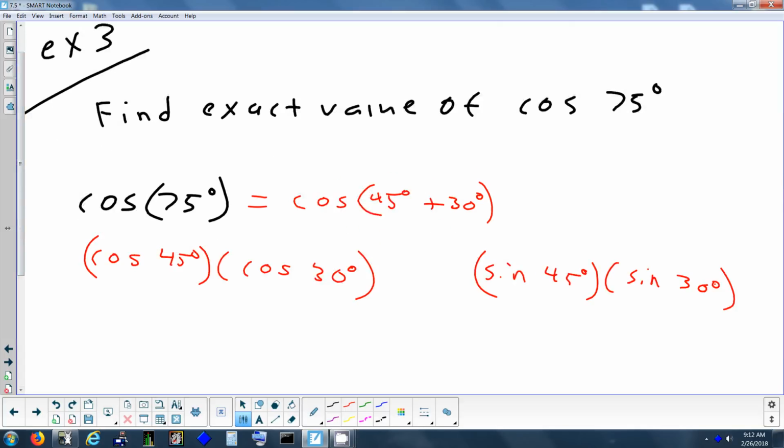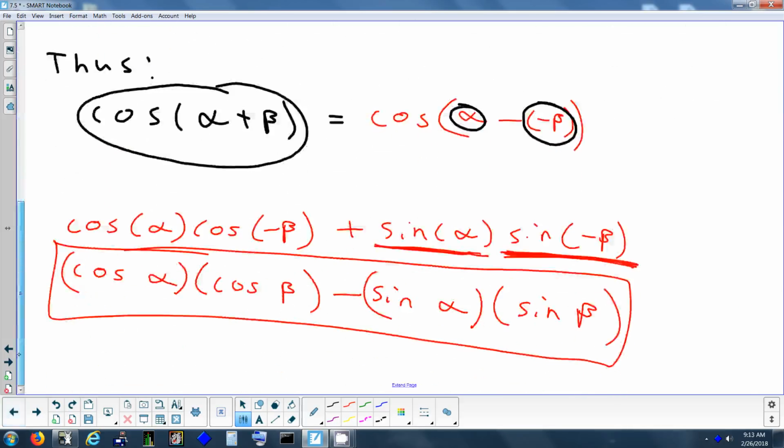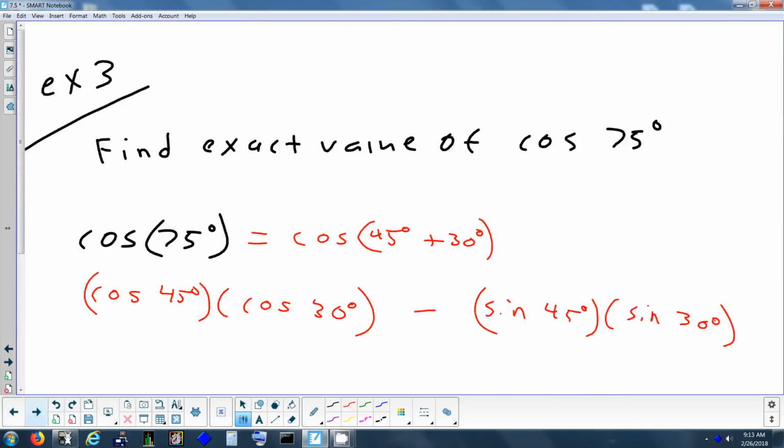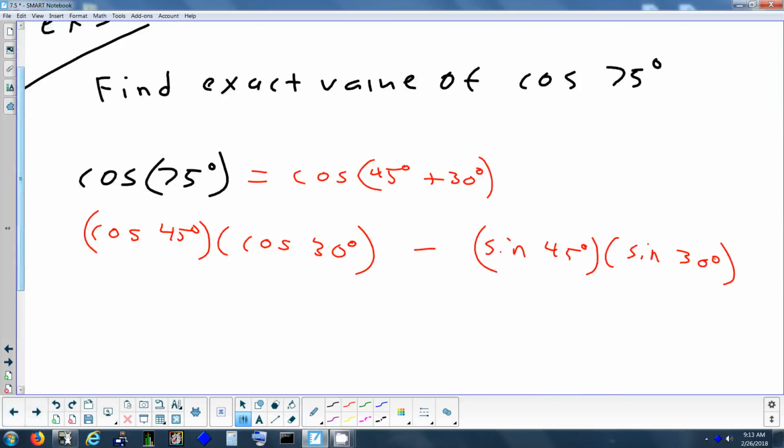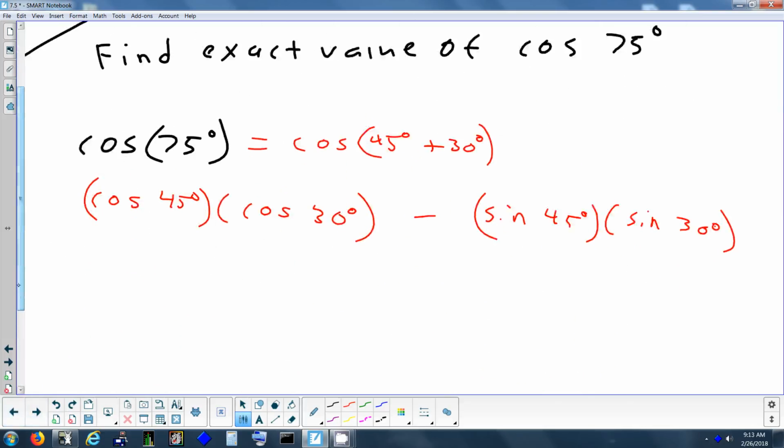Yeah, it's a minus. With the cosine identities, it's always the opposite. When you see a plus, the formula has a minus. When you see a minus, it has a plus. Unfortunately, with the sine identities, it doesn't work that way. It's actually the same. If you see a plus, it's a plus. If you see a minus, it's a minus.